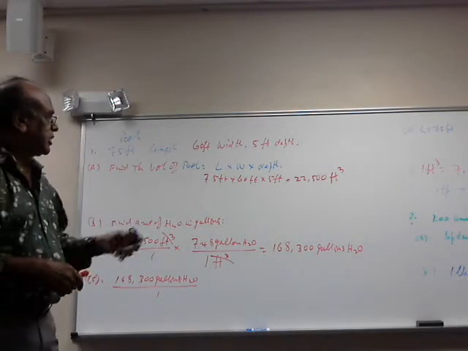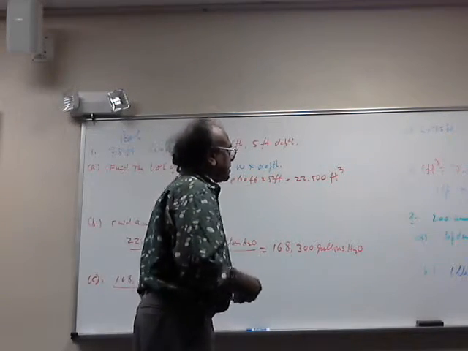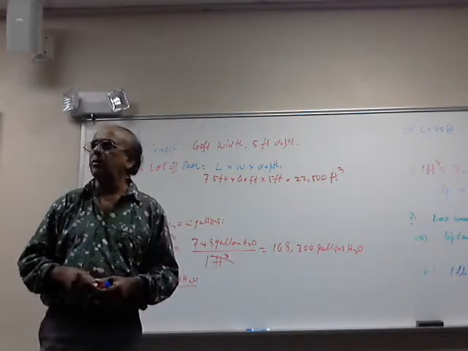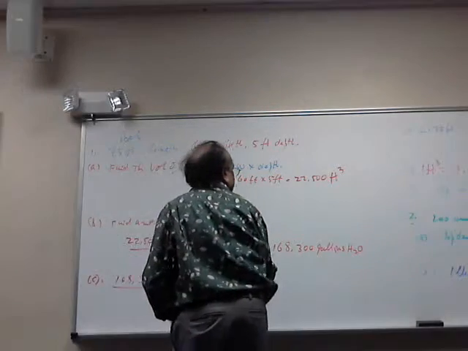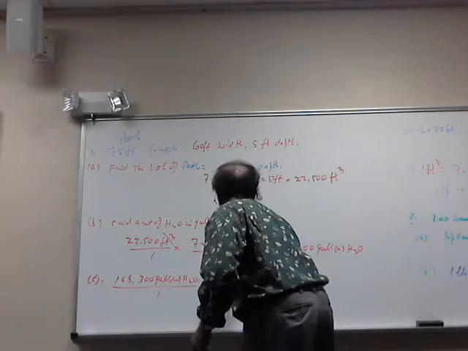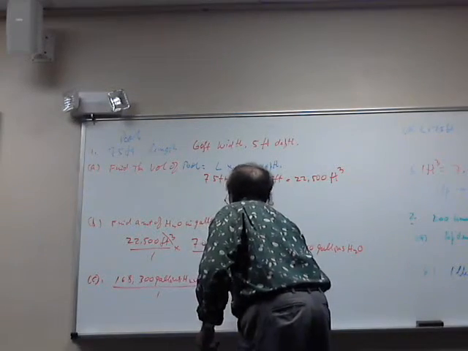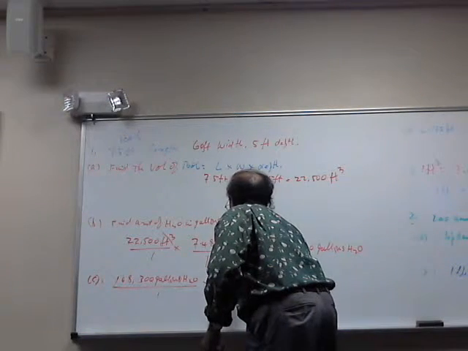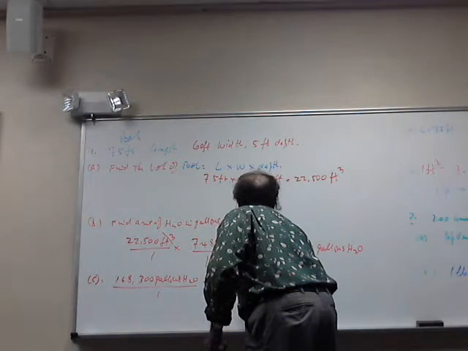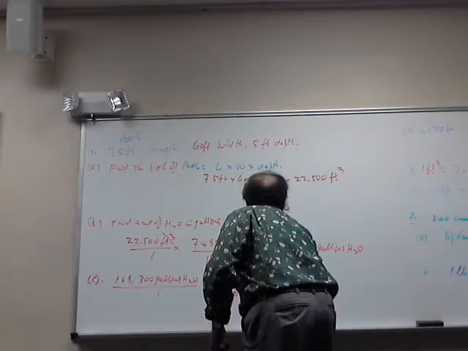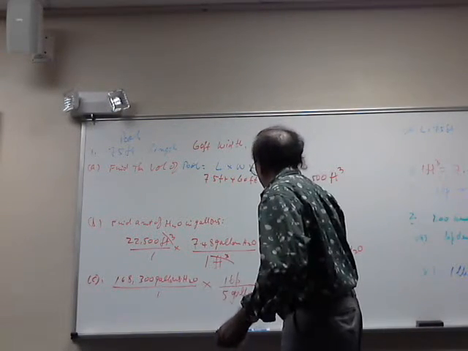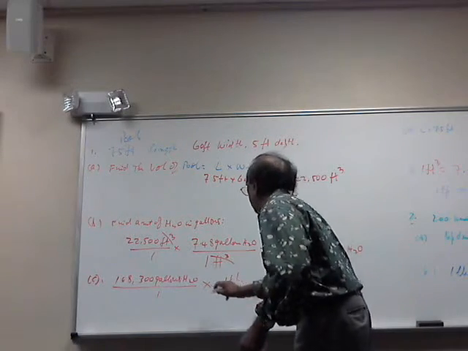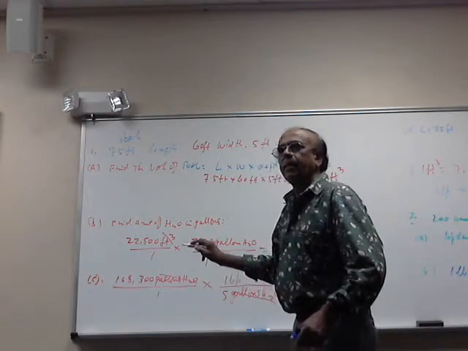So where would gallons go? In the denominator. When we multiply, we'll multiply by 1 teaspoonful over 5 gallons of H2O. So you see now, gallons of H2O cancel off gallons of H2O.